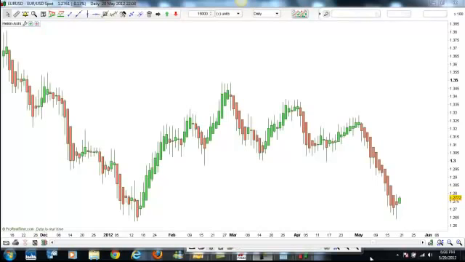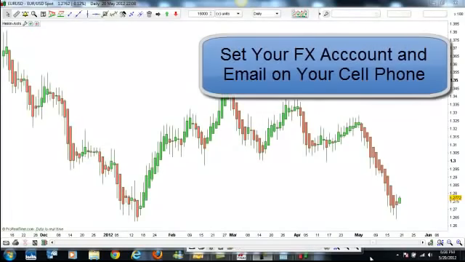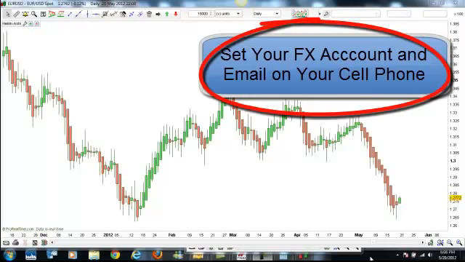With this service, and I've mentioned this before, and you probably got this in a welcome email, I highly suggest that you set up your trading platform and the email that you're going to be using to receive the signals and the update service from us on your phone. Now, most phones nowadays can do this.